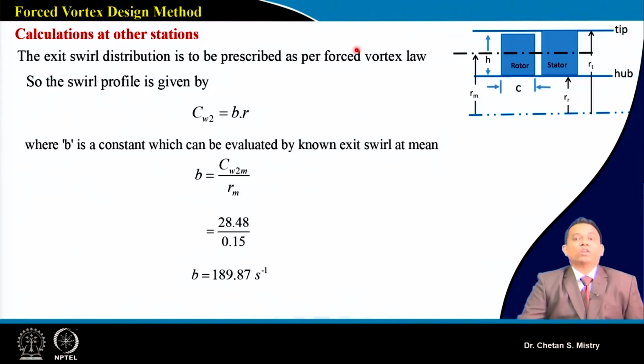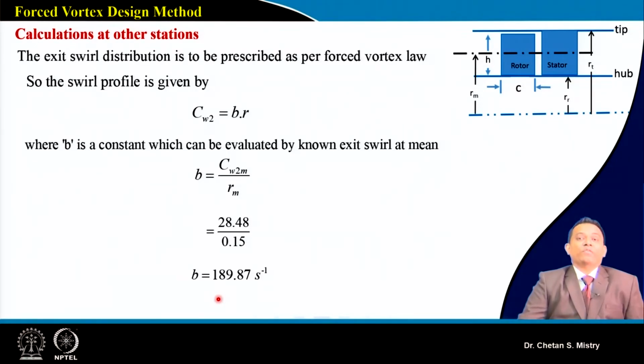Now in order to do the design, we will assume my whirl component at the exit follows B into R, that is, Cw2 equal to some constant B into radius R. Since at mid station we know Cw2 and we know the radius, putting Cw2 at the mid station as 28.48 and my mid radius as 0.15 gives me my constant B. It is say 189.87 per second.